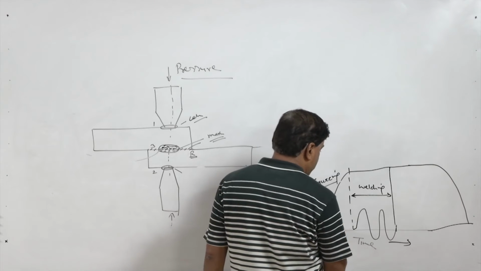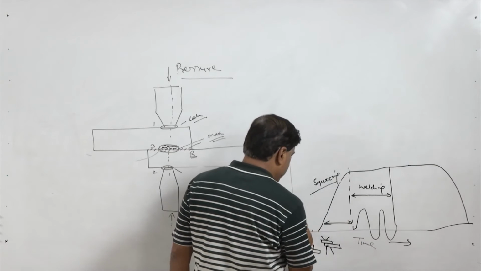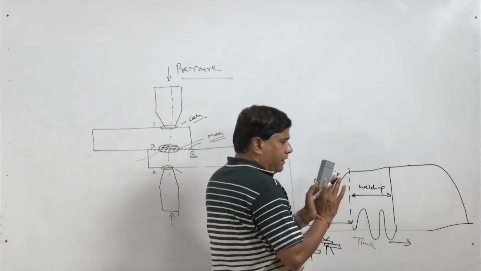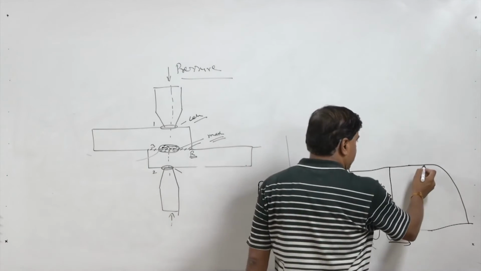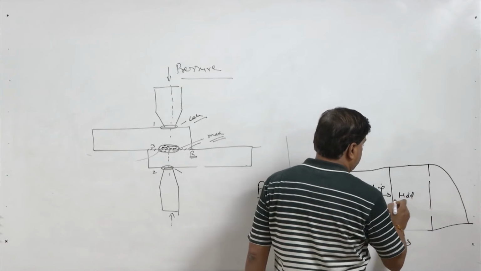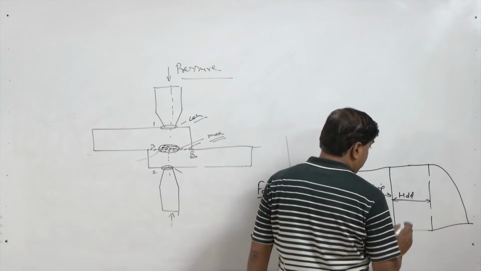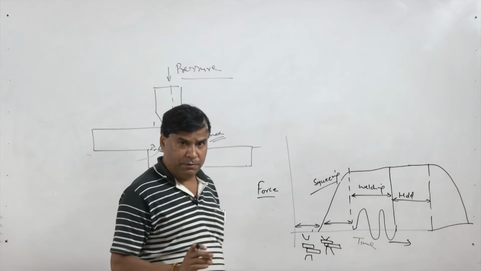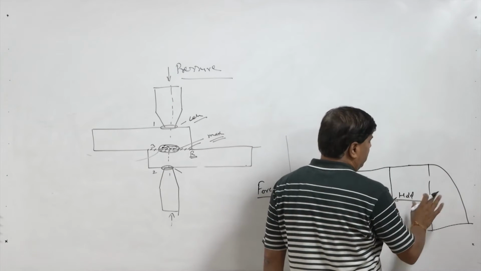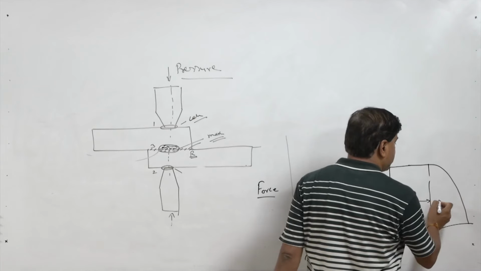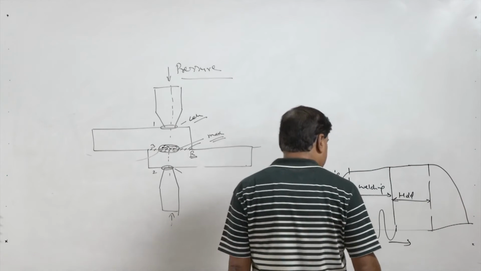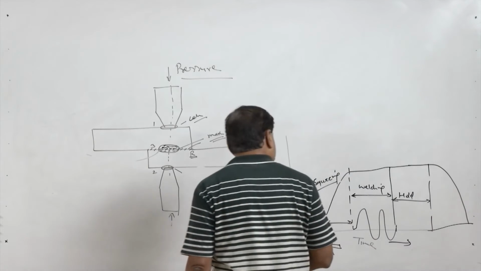First is squeeze time, and here is the no-current zone, then welding time, and thereafter under pressure it is kept for some time. This is called hold time, in which the melted nugget which has been formed will solidify under the pressure, and thereafter once the solidification is over, the release phase comes in, the pressure is reduced gradually, and then the sheets are taken off, and this is how the cycle is repeated.